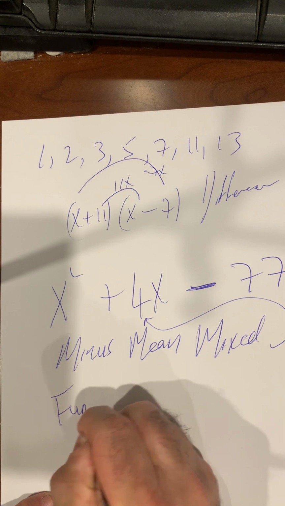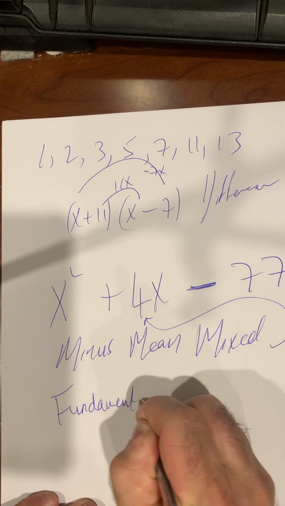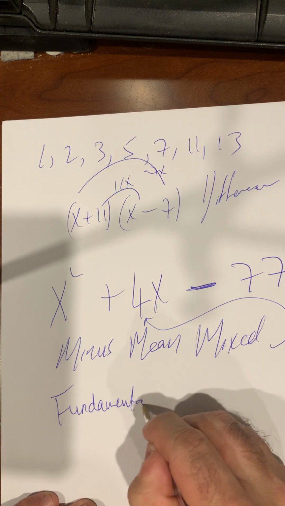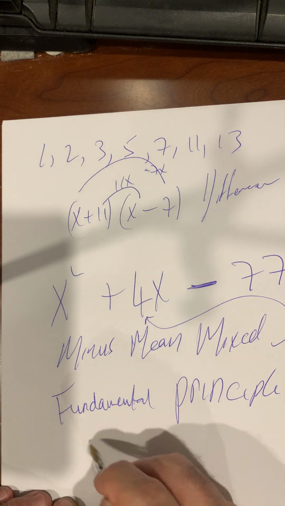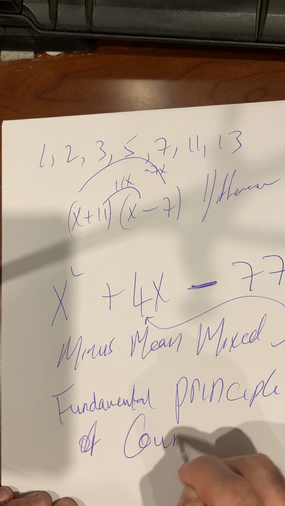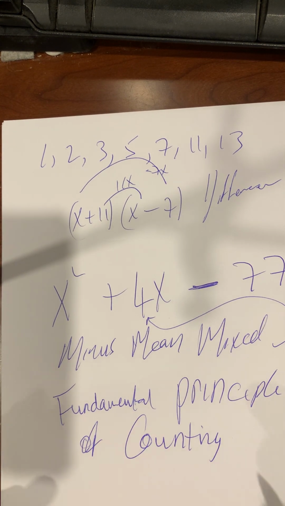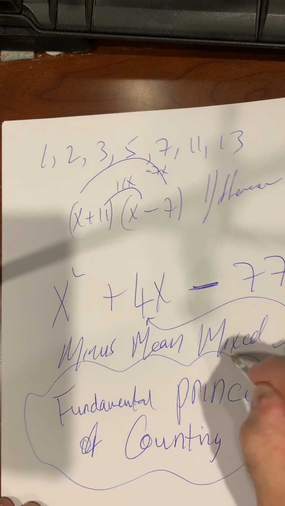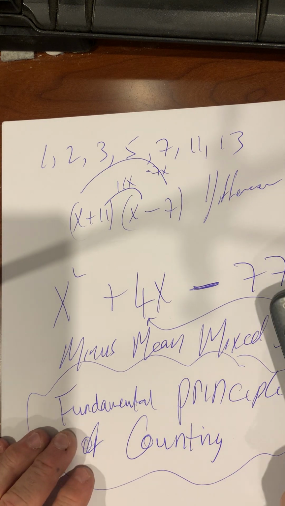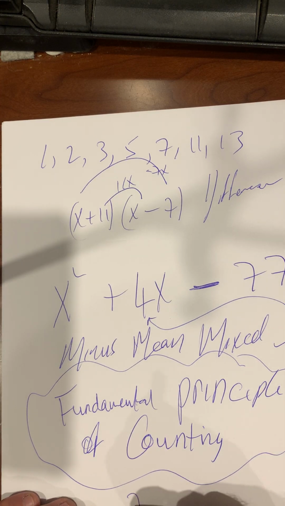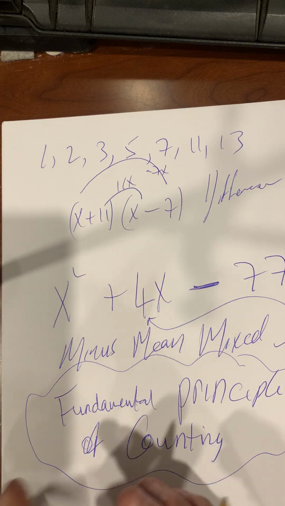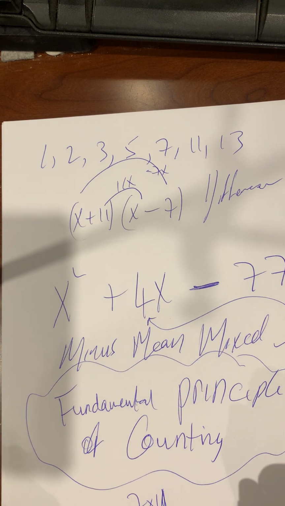The fundamental principle, this sounds very important, the fundamental principle of counting, crazy idea, says that there's only one way to write the factors of any one number. So if you want 77, it's 7 by 11, prime factors. So using prime numbers multiplied together, there's only one way to make every number.